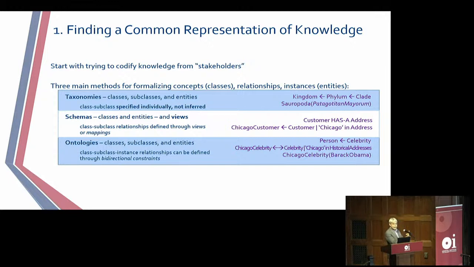And now not only can I go through every celebrity where I have historical addresses and figure out that they're Chicago celebrities, but I can also be given something like Barack Obama is a Chicago celebrity, and I may not have his list of addresses, but I can still infer that there exists at least one such address in his past. And I can answer questions about that, right? So a query for all Chicago celebrities can return Barack Obama without having the specific data and the specific facts underlying it, okay? So that's the power as we go down this set of categories.